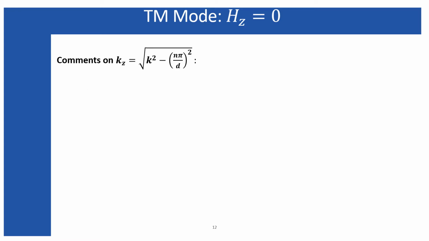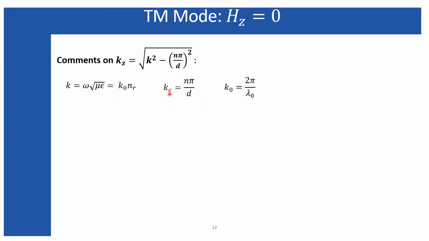A few comments on the propagation constant kz. We know that k represents the maximum supported wave number of the material filling the medium between these two parallel plates, because the nr, which represents the refractive index of the material filling the medium between these two parallel plates, is included within the expression of k, so k defines the maximum wave number supported by the medium.